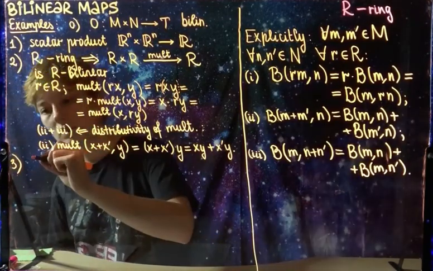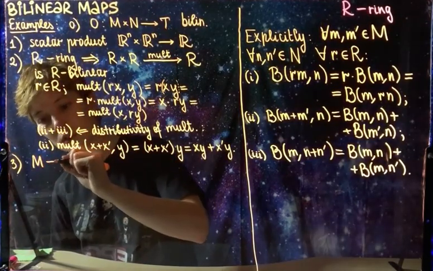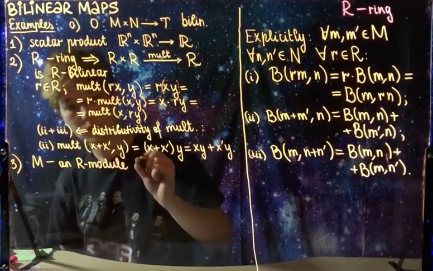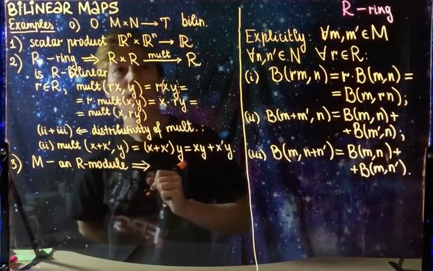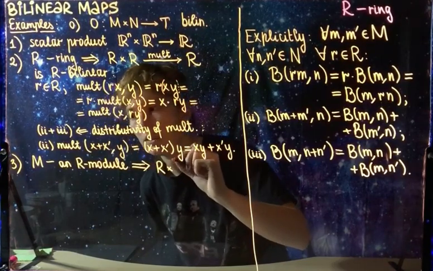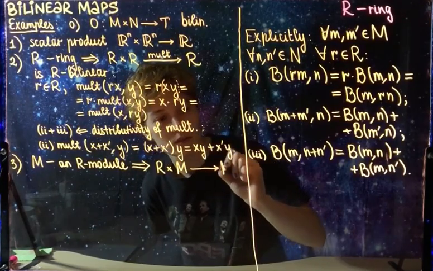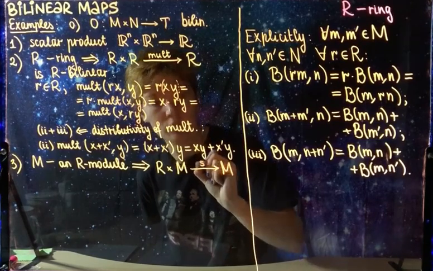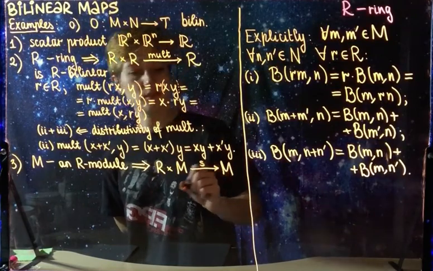Example number 3. If R is a ring and M is an R module, then the structure map that multiplies an element of M by a scalar in R, I will denote this structure map by S. Then this map is also bilinear.